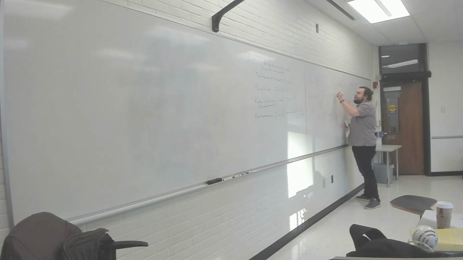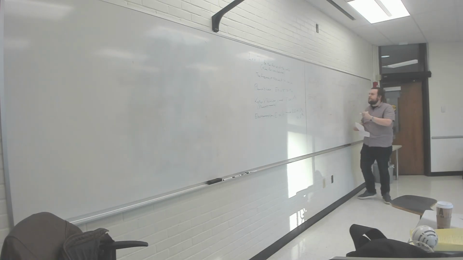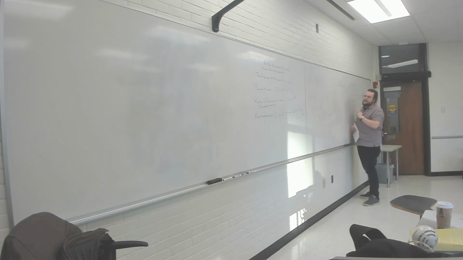So E infinity minus E1: E infinity is 1 over infinity squared, so it's 0, minus minus 13.6 eV divided by 1 squared, which is 13.6 eV.